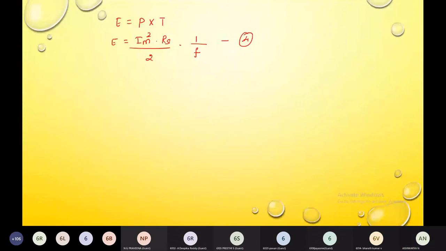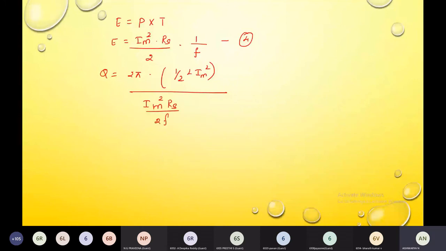per cycle. Now you substitute in the quality factor. So Q equal to 2 pi into maximum energy stored, half L Im square, by energy dissipated. So it is Im square RS by 2f. So what answer you are getting?